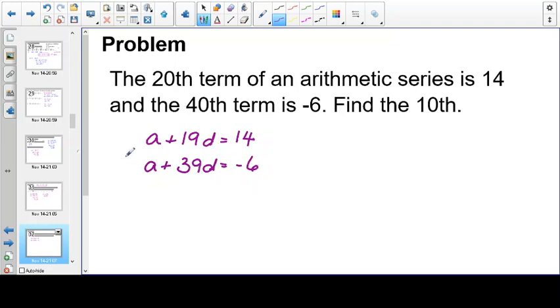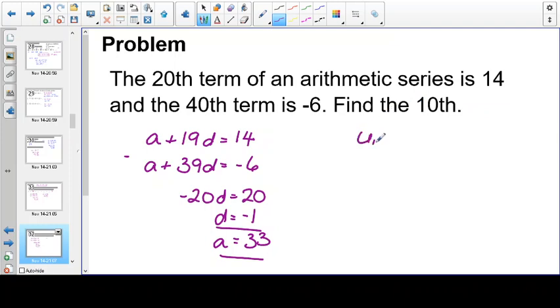Simultaneous equations again, so we take negative 20D equals 20, which means D is minus 1. And if you pop that in here, that's minus 19. So A equals 14 plus 19, which means A is 33. So now we know that, we can find the 10th term.